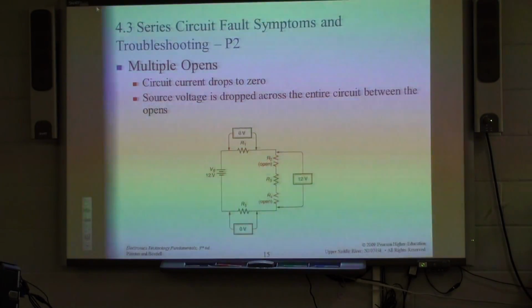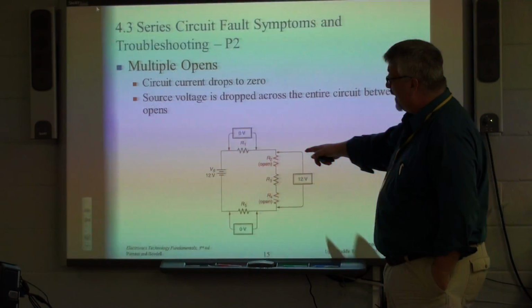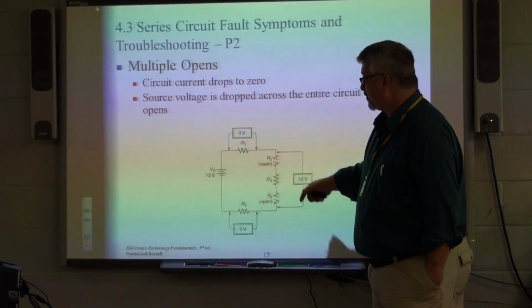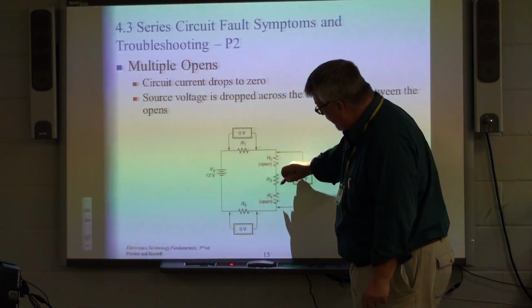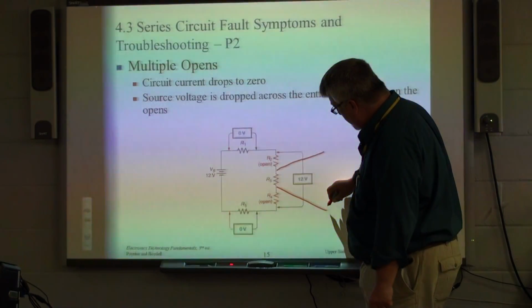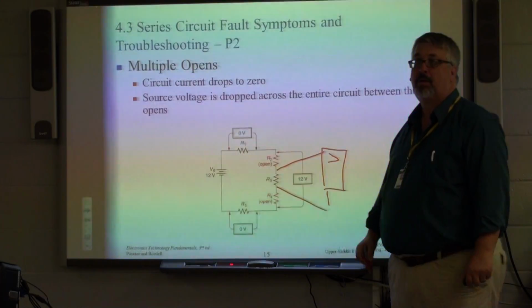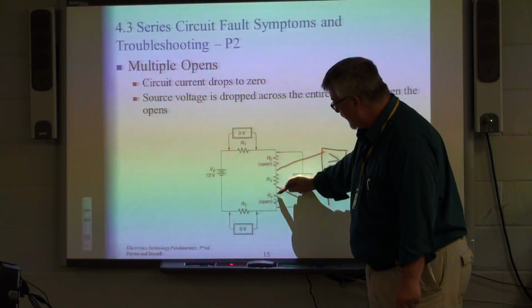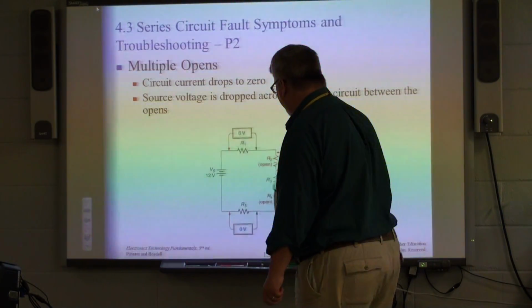Now let's look at this. What if we've got multiple opens? We've got to get back to the source. If we have R2 and R4, if I tried to read across R3 with a meter, how many volts? 0. Because I can't go this way and get back to my source, and I can't go that way and get back to my source, so I'm going to read 0 volts across R3.